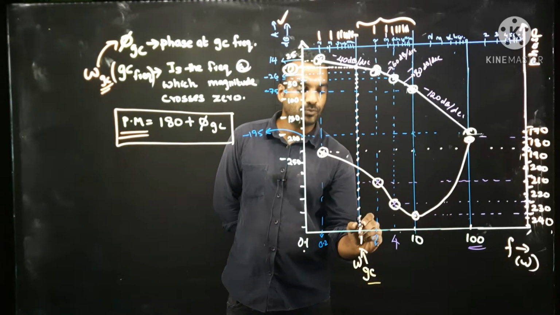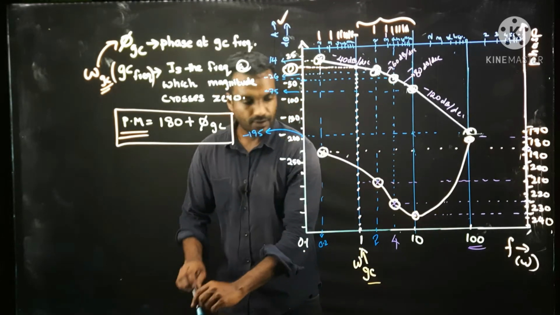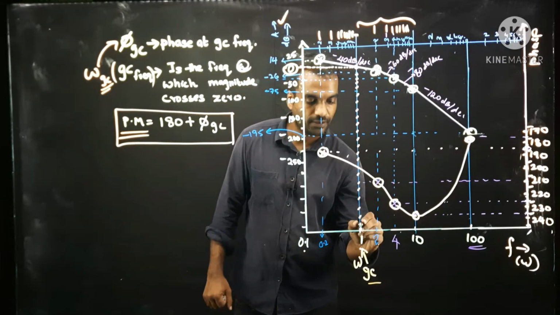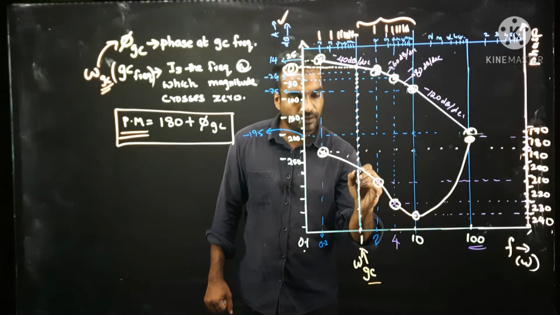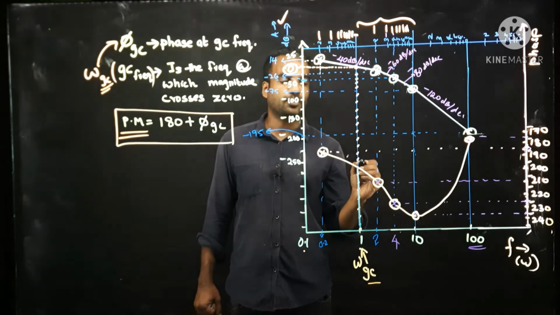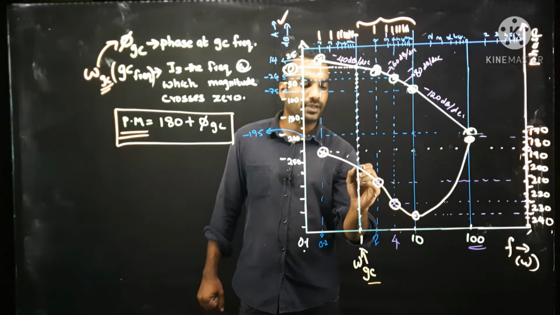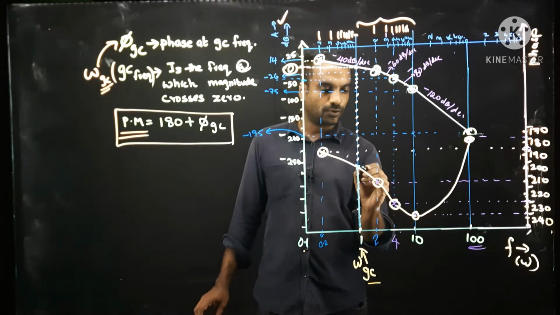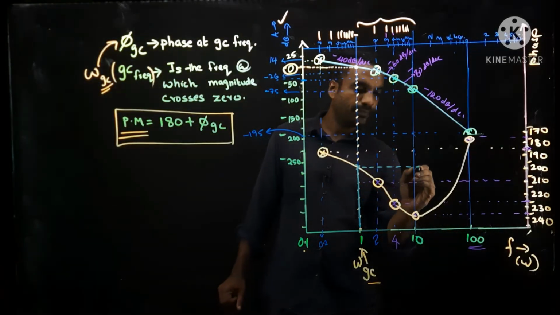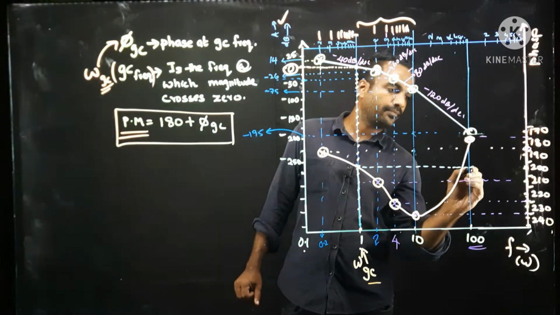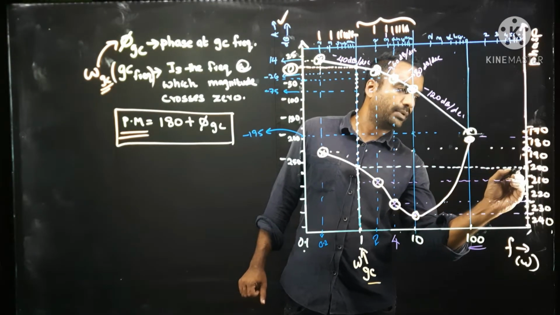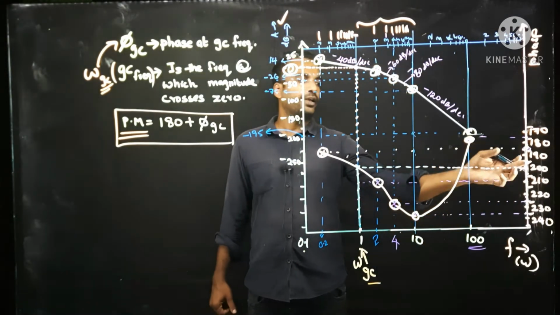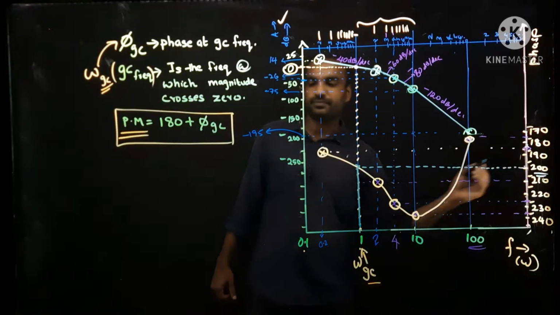So please move back to the phase plot, and now you will get a crossing point. Please extend that crossing point to your phase axis. Use a scale, that will be better. I got minus 200.